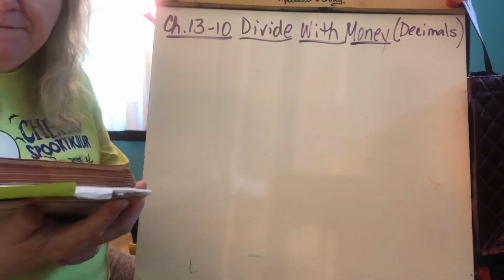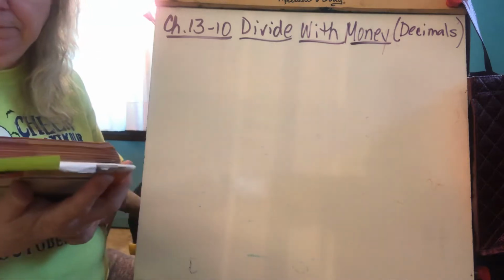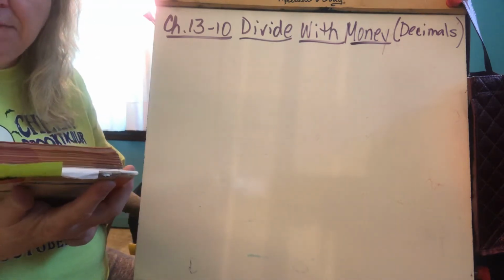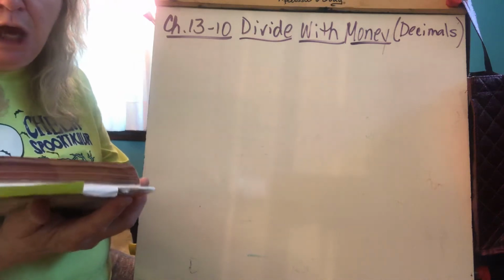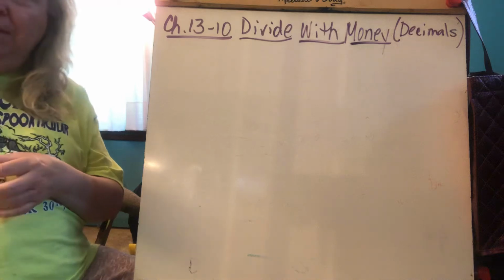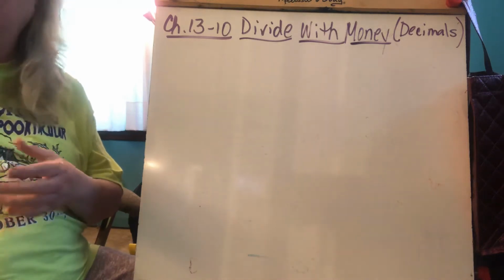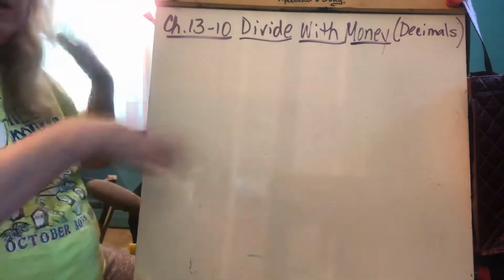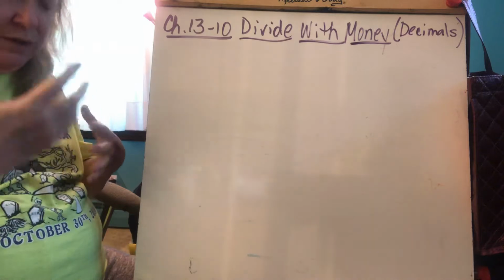They cost 50 cents each if you buy them separately, or you can buy a box of 25 cards for $12. Which is the better buy? Now, what they mean by the better buy is which will cost you less, okay? So you're going to have to do some division here to figure out what it's going to cost.